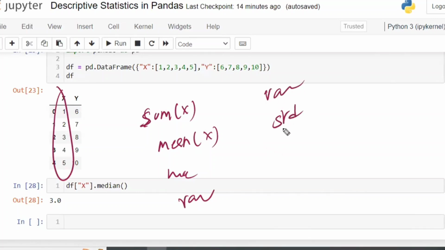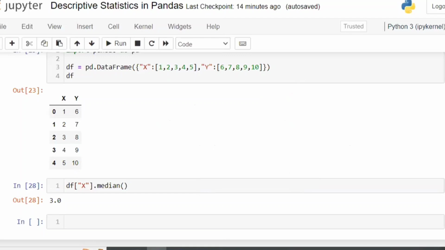You can calculate Q1, Q2, Q3 separately and calculate IQR manually, and simultaneously see the code answer also. Both things you do simultaneously, and in this way you can practice. Whenever you want to learn, go with a small data set. Don't go with a large data set and don't get confused. Selecting the data set is also important.